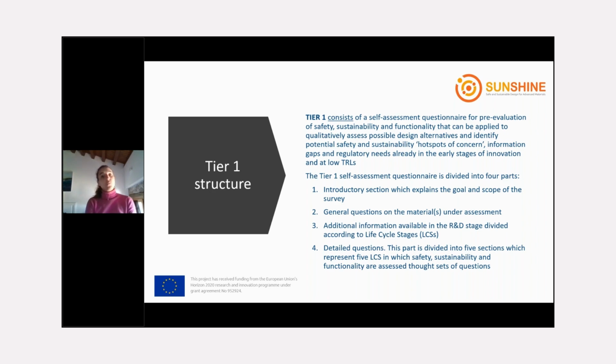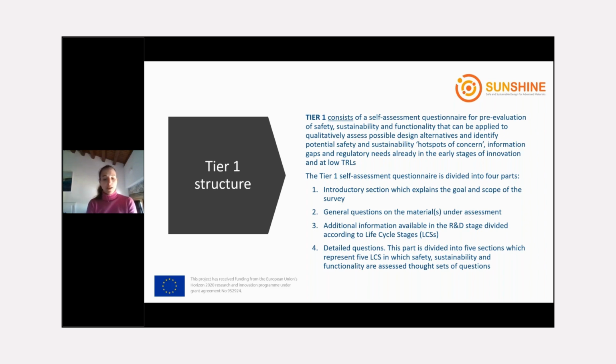Tier 1 is composed of different parts. The first part is an introduction section with the aim and scope of the questionnaire. Parts 2 and 3 collect general information on the material and on the product, and this information can help the further interpretation of the results that are coming from part 4, which is the core of tier 1, and it is composed of a set of questions.